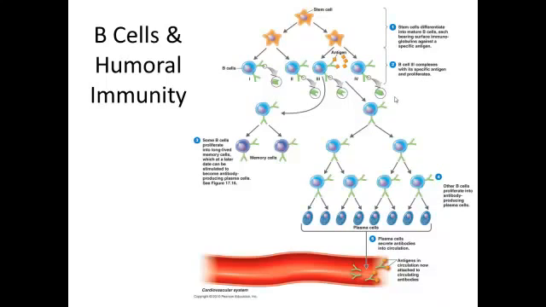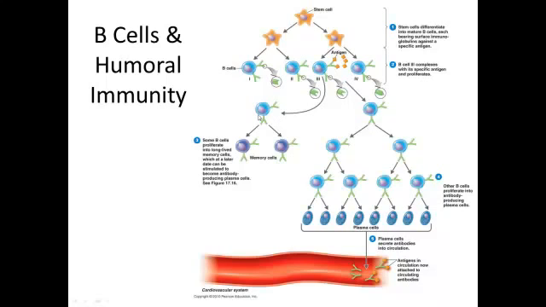So they hang out in the lymph nodes. As the lymph is flowing past, they're looking for their antigen. If you think back to the microarray that's looking for its match as it goes past, that's what B cells are doing. So we'll say that this one finds its antigen.